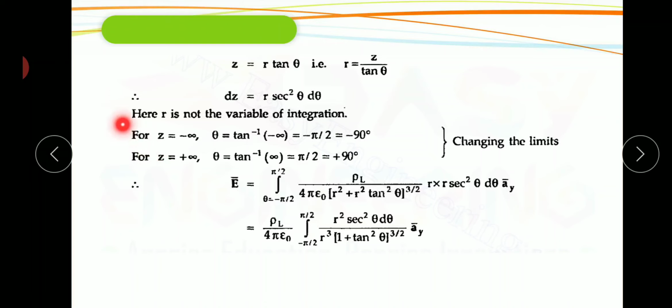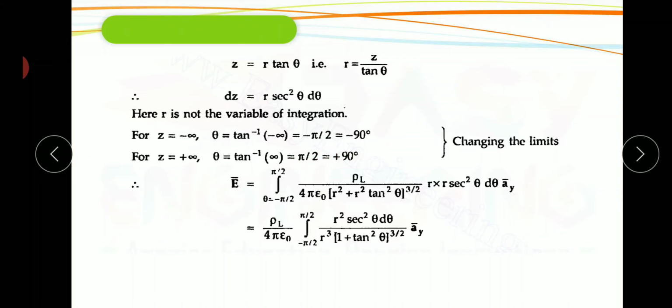Also substituting z is equal to plus infinity, theta is equal to tan inverse of infinity, which is pi by 2, that is plus 90 degrees.